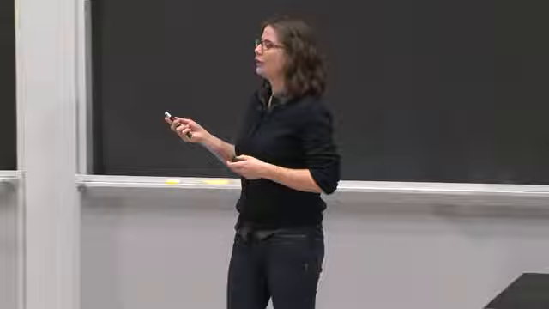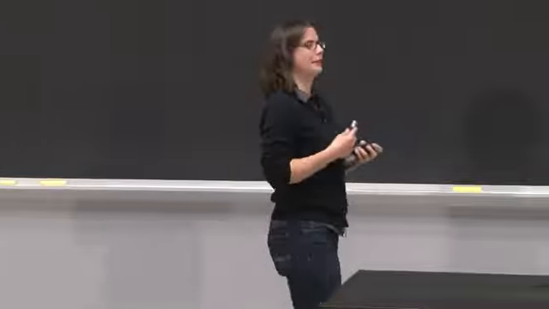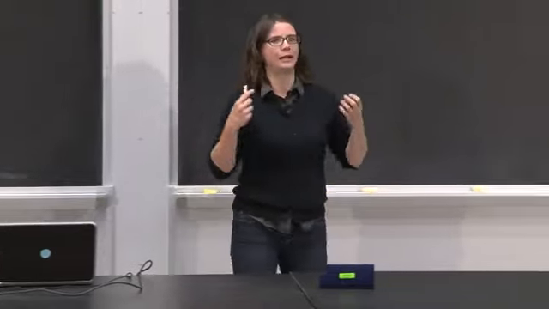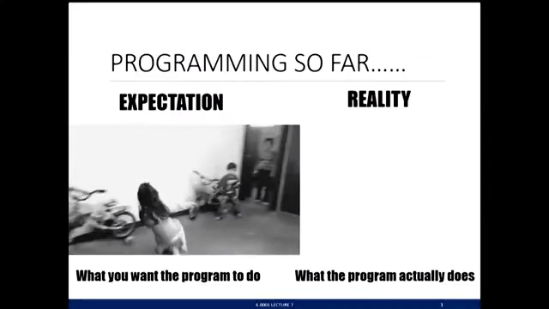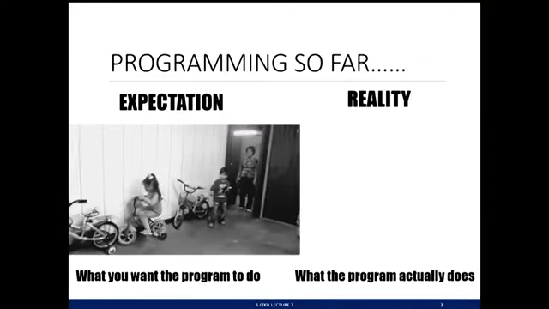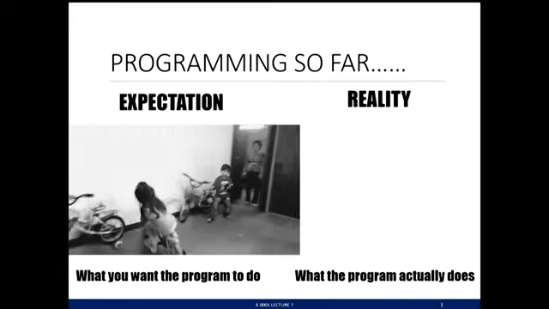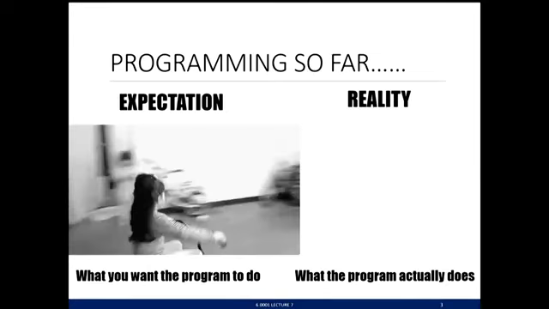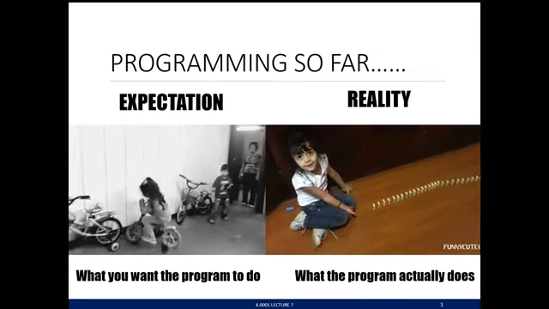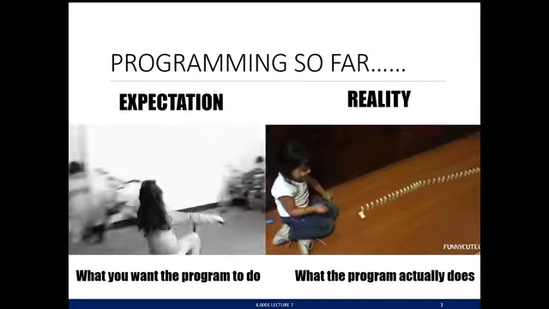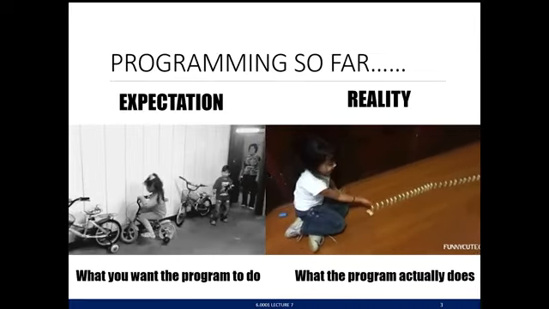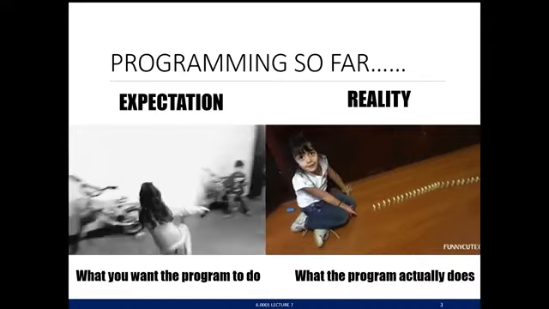Okay, so let's talk a little bit about programming so far in 6.0001 or 6.00. You expect that you write a program, maybe do a little debugging, and you run the program and it's perfect, right? You just nailed it. But in reality, you write this really complex piece of code and you go to run it and it crashes, right?